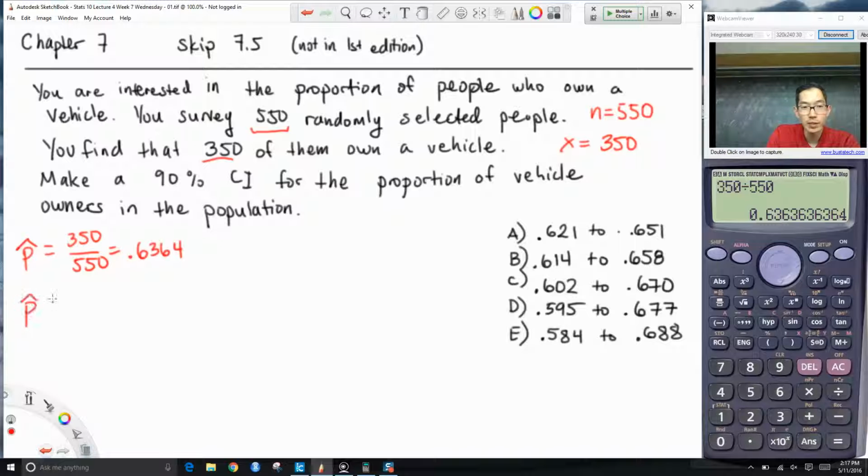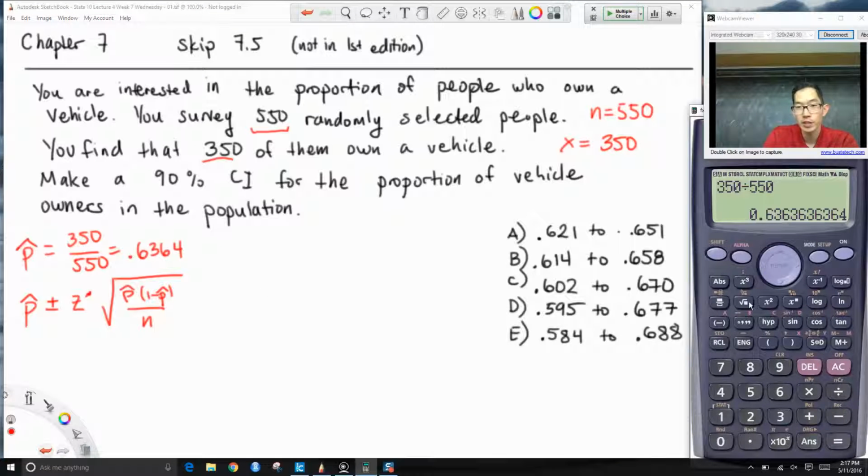The confidence interval is p hat plus or minus z star times the square root of p hat times 1 minus p hat over n. Okay. And so our standard error is going to be 0.6363 whatever times 1 minus that same number.